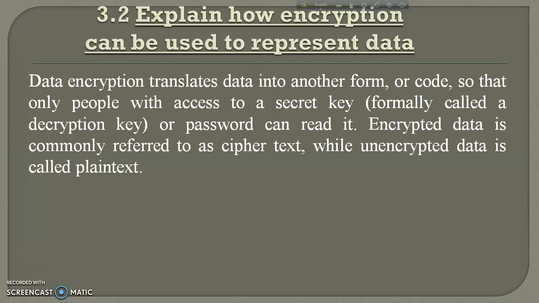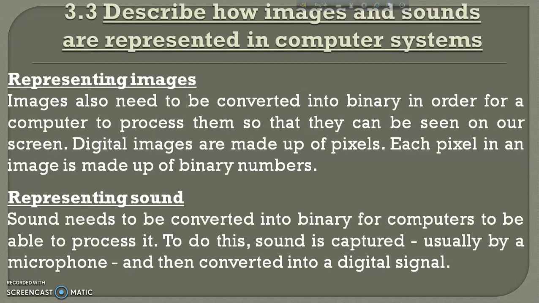Encrypted data is commonly referred to as ciphertext, while unencrypted data is called plaintext.